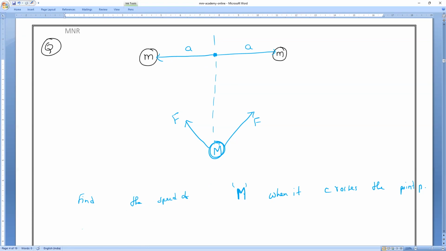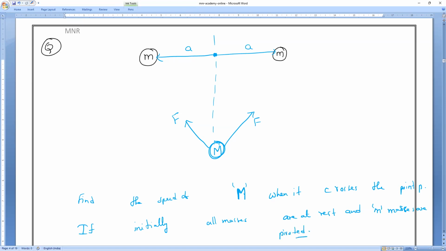If initially all masses are at rest and the small m masses are pivoted.